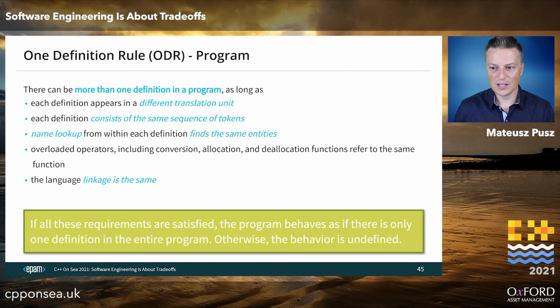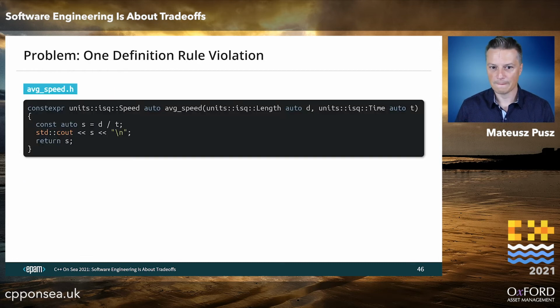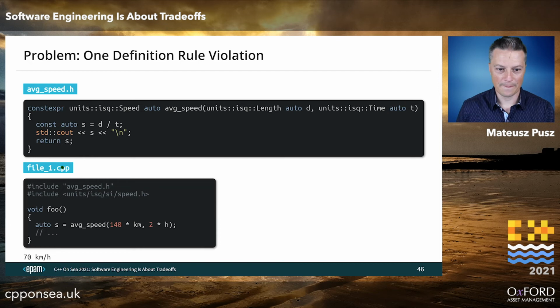Now let's see how it relates to our problem. We have our average speed in a header file. We have translation unit 1 that includes the average speed header. It includes the speed definition, so we know exactly that this is the speed class that is the result of this dimensional equation.